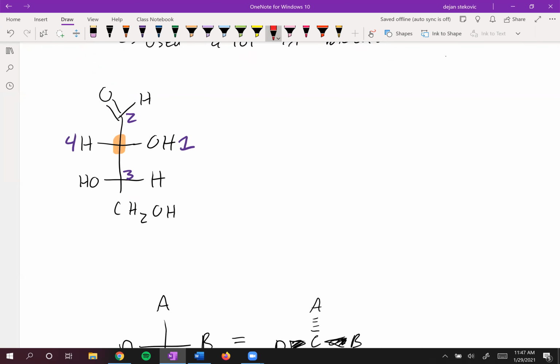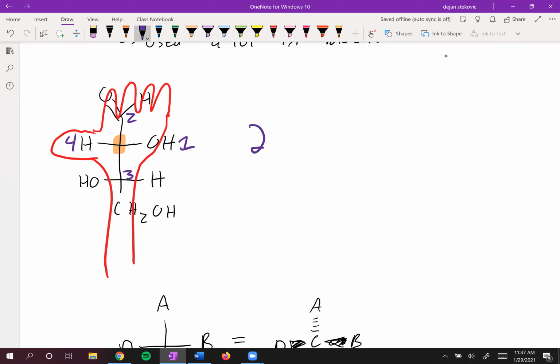So we have our priorities. To solve whether this is R or S, we're going to use our right hand rule. If you put your right hand flat on this image, what you'll see is your thumb is sticking out this way, and then your fingers are pointing out. Really fat thumb there, but that's okay. When your hand is nice and flat, you're starting off at number 2. Then you curl your fingers.